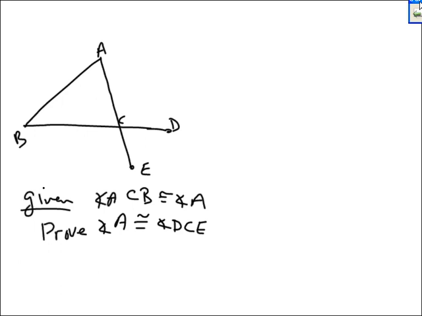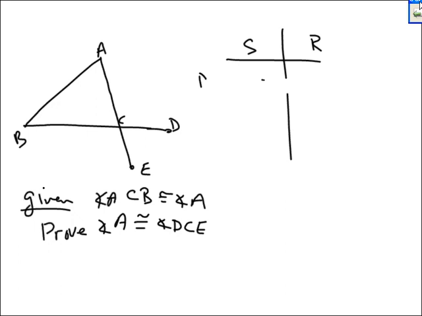Okay, so we have statements and reasons, and the first statement will be angle A is congruent to angle ACB.